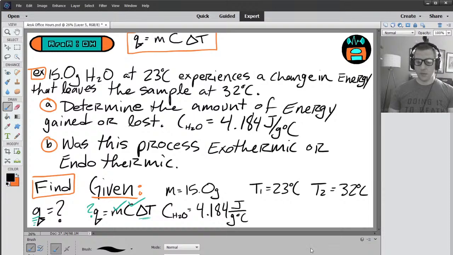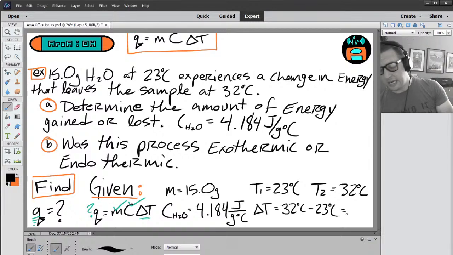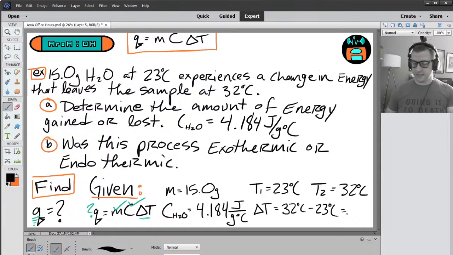So when we do, we see that ΔT is equal to final temperature, 32 degrees Celsius, minus initial temperature, 23 degrees Celsius. And when you punch this into your calculator, your calculator tells you it's 9, but you have to ask the question, how many sig figs should this answer have?